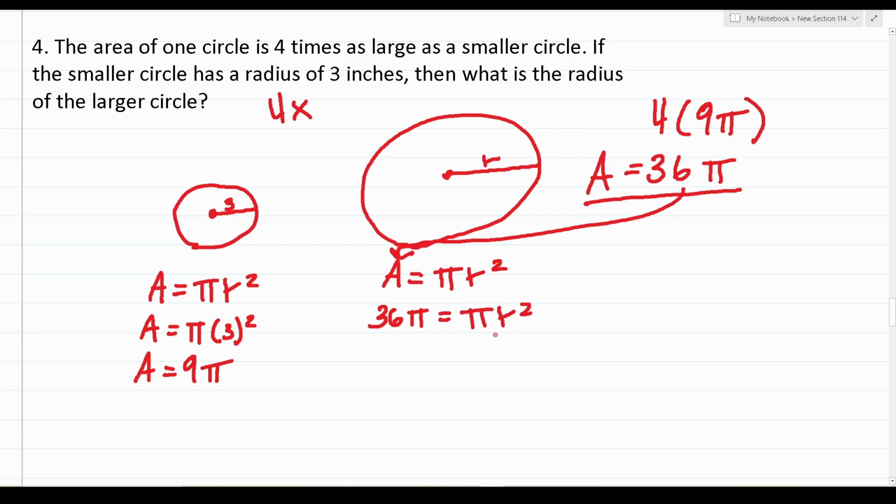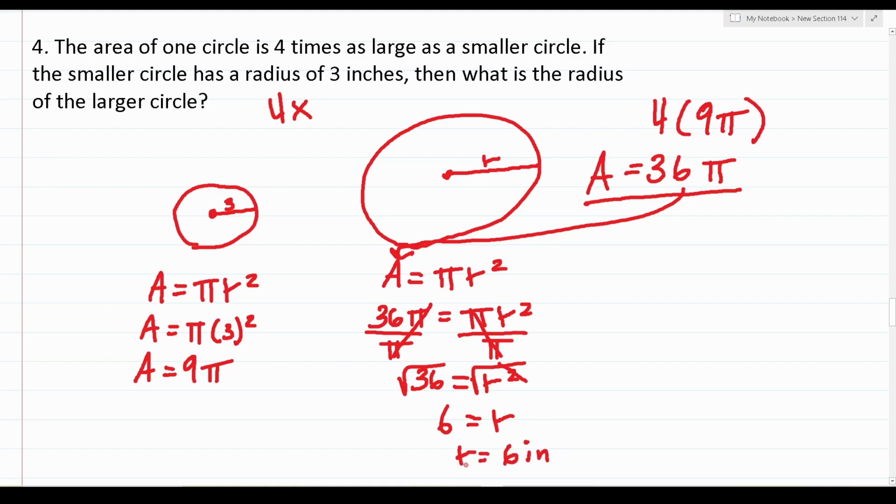Let's divide, as we did previously, both sides by pi now. This crosses out, leaving you with r squared over here. These cross out as well, leaving you with 36. To get rid of this square, we'll take the square root of both sides. This will cross out this square, leaving you with r on this side. The square root of 36 is 6, so r in this case is 6, and that's going to be inches.